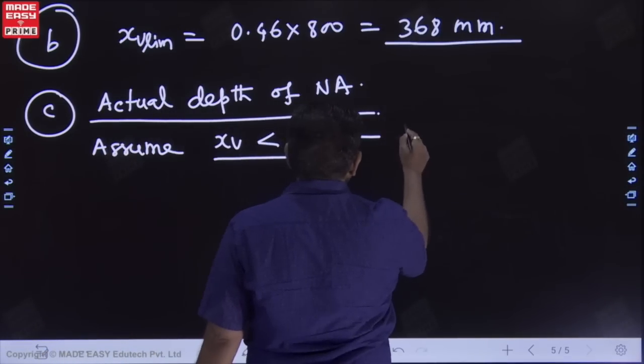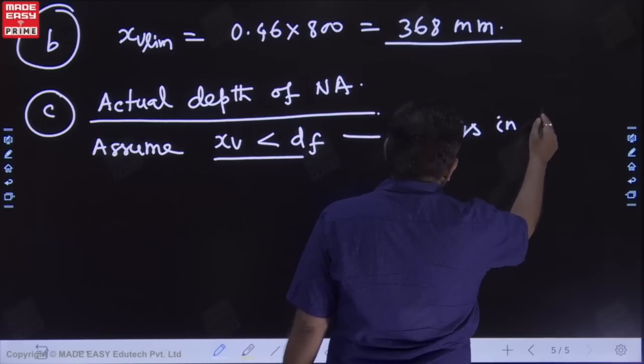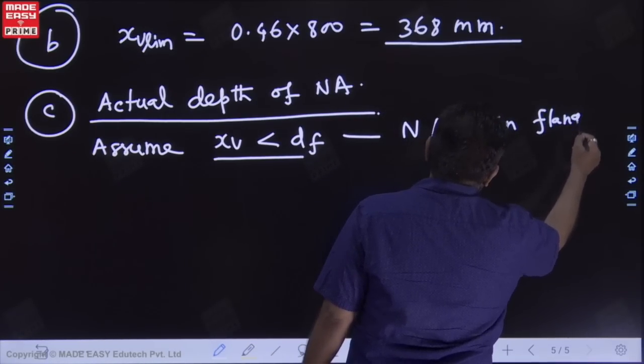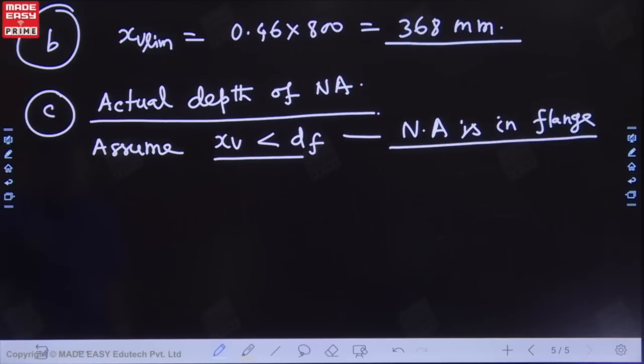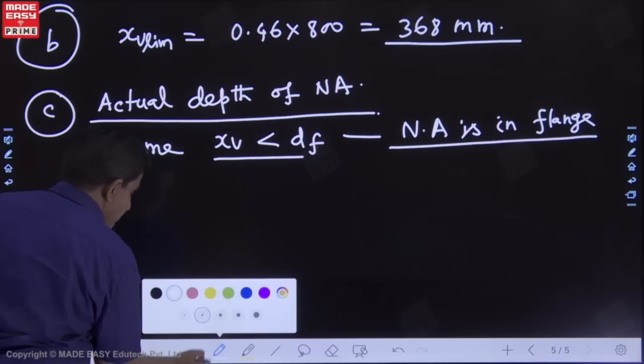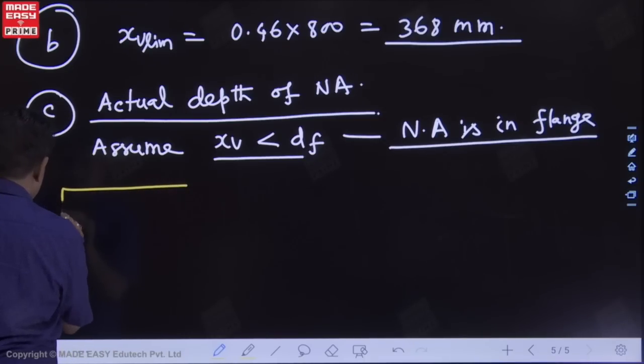That means we are assuming that the neutral axis is in the flange. Understand the case. I will tell you. So suppose this is your beam.